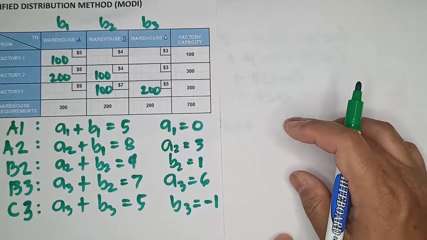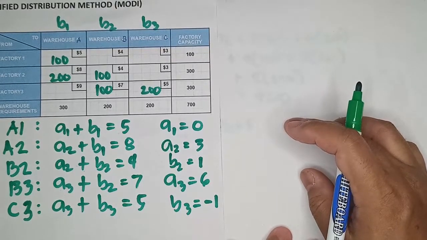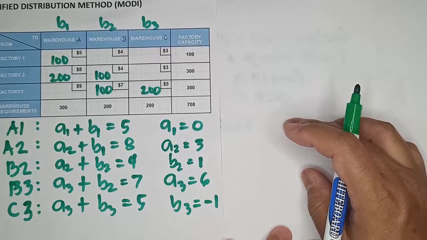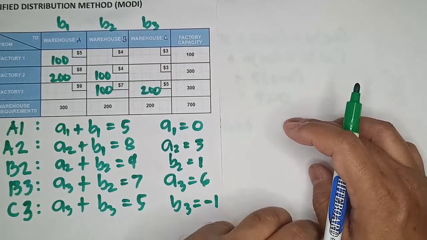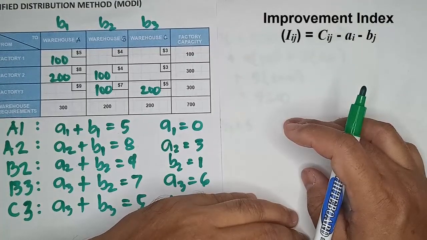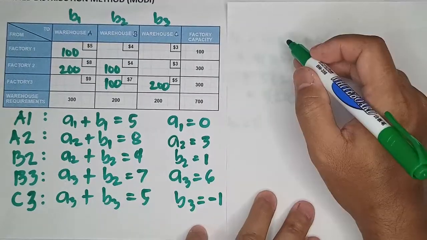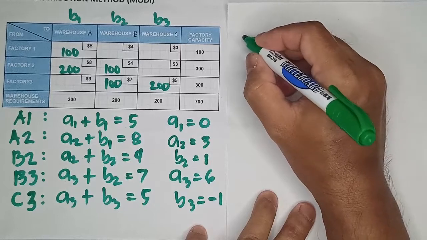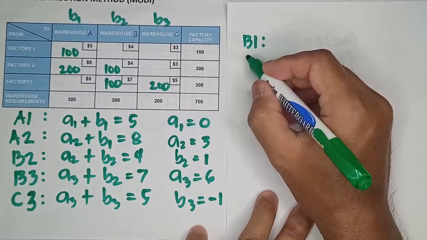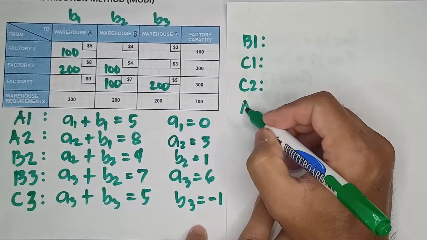After identifying the values of A sub i and B sub j, we're now going to calculate the improvement index for each of the unused cells using the equation: improvement index is equal to C sub ij minus A sub i minus B sub j. And the unused cells are B1, C1, C2, and A3.